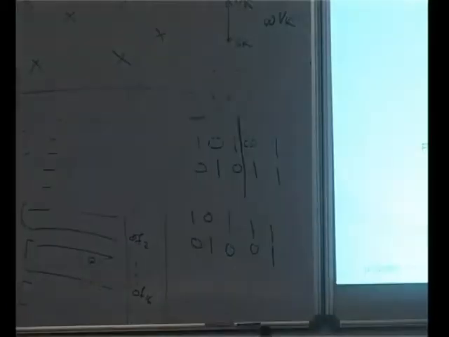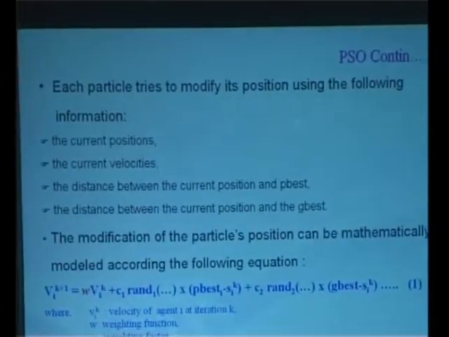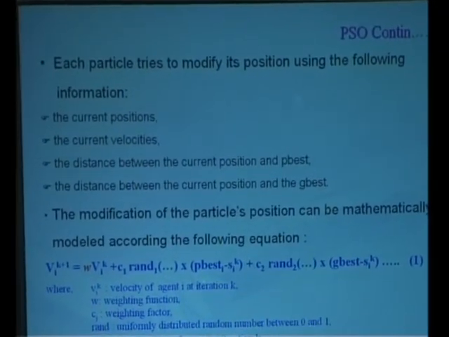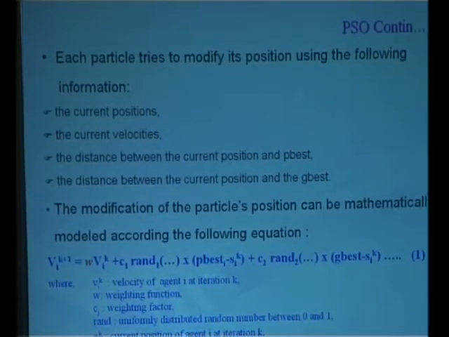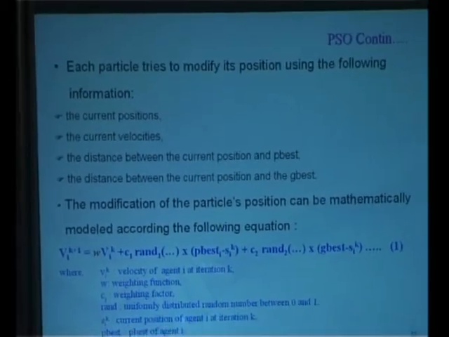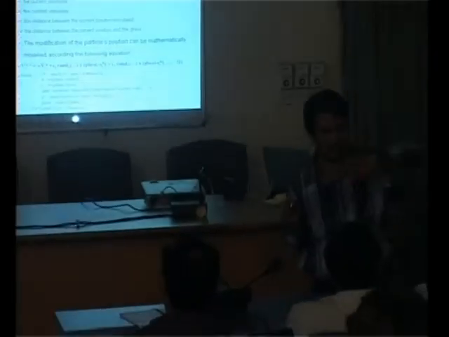Are you clear? Mathematically, each particle tries to modify its position. Position means, if you have one variable, only one direction. If you have three variables, you update x1, x2, x3, so that in three dimensions it moves from one coordinate to another.